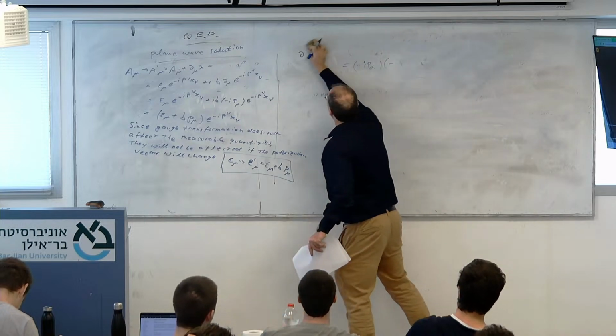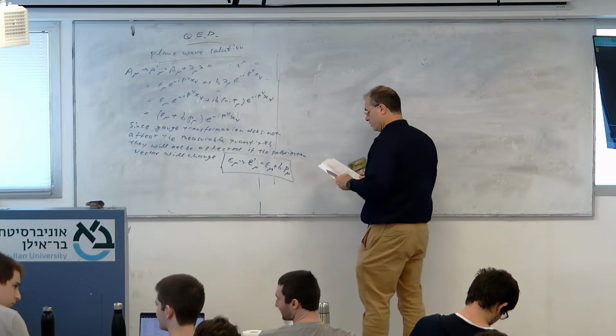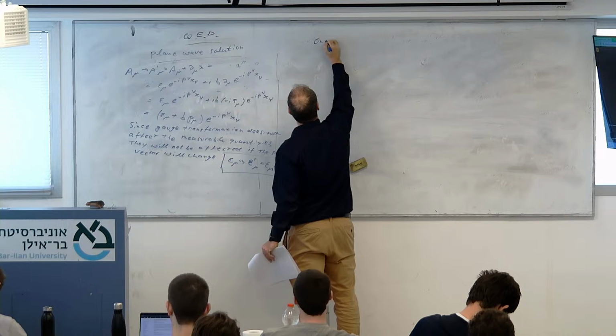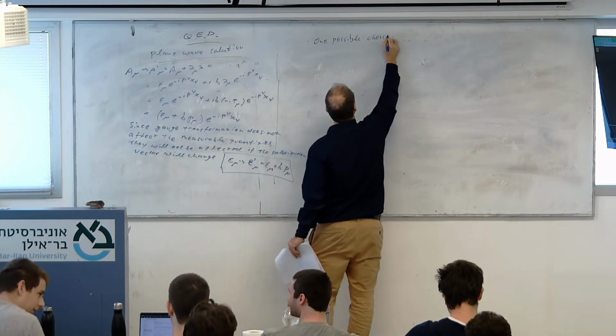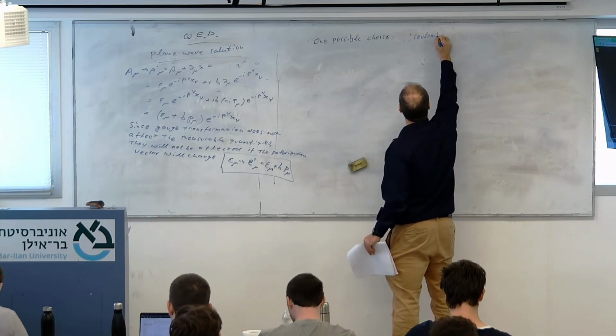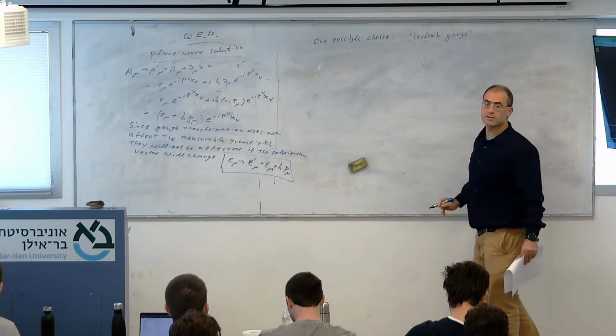So one such choice is called the Coulomb gauge, and another name for that is the transverse gauge.